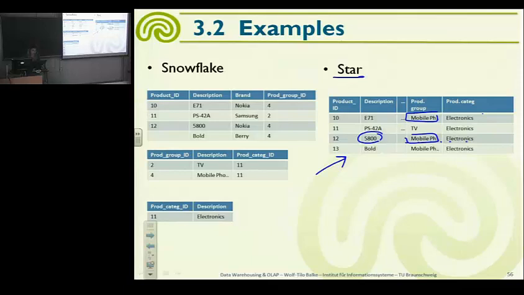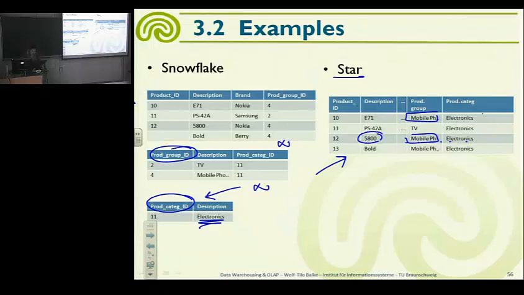On the other hand, in the snowflake, each of the different granularities is represented by a table. So the product here has a table by itself, the product group has another table, product category is another table. And once you have a query that wants to find the electronics article, then you have to start to do these joins.